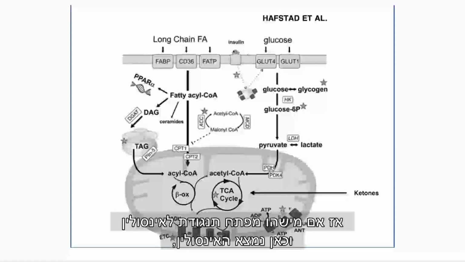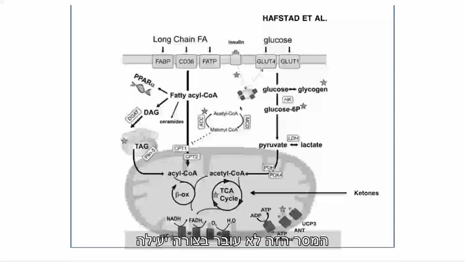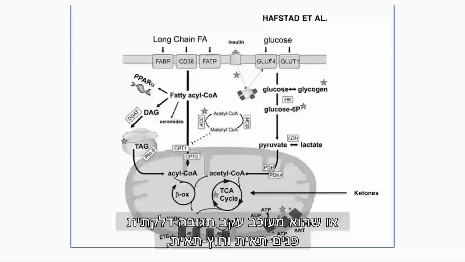So if someone becomes insulin resistant, this means that the insulin message is not carried out efficiently or is inhibited by an inflammatory response, an intracellular inflammatory response, on top of the extracellular inflammatory response.